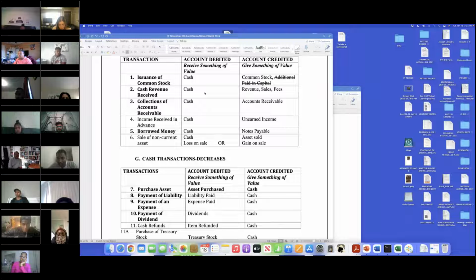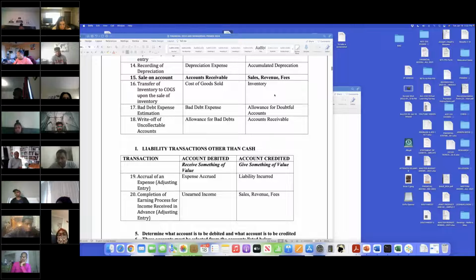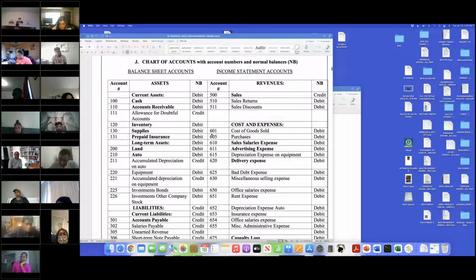We debit cash, and what do we credit? The sale. We debit cash and we credit sales. We know that the account number for cash is 100, but what is it for sales? It's 500. So our amount was 50,000.